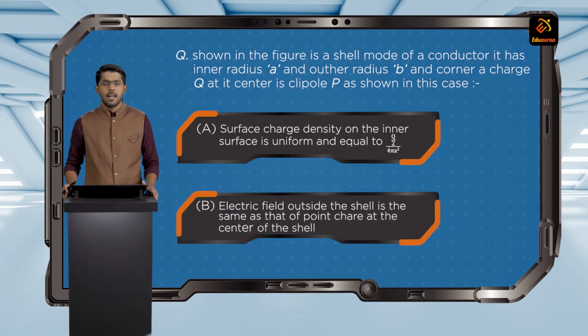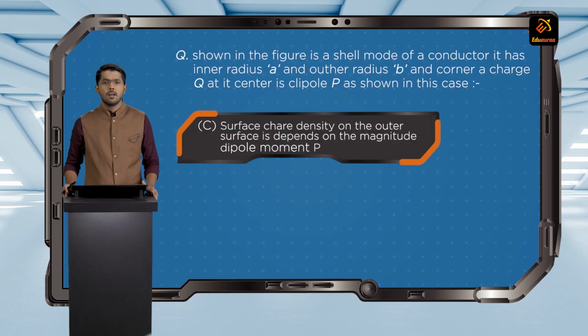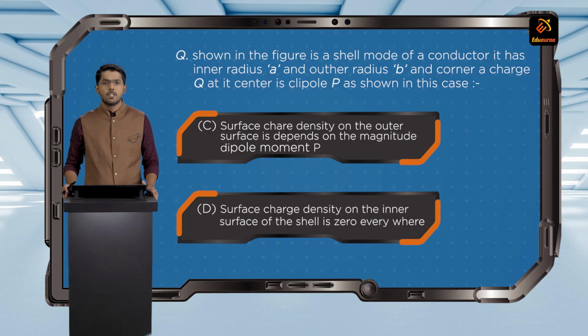Option B, electric field outside the shell is the same as that of a point charge at the center of the shell. Option C, surface charge density on the outer surface depends on the magnitude of the dipole moment P. Option D, surface charge density on the inner surface of the shell is 0 everywhere.